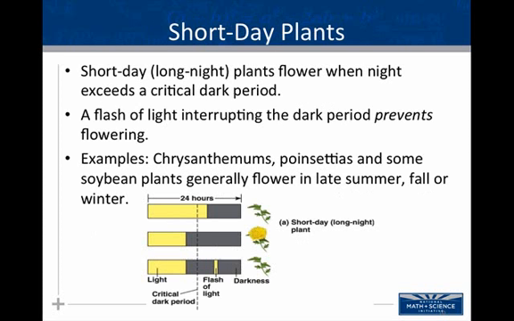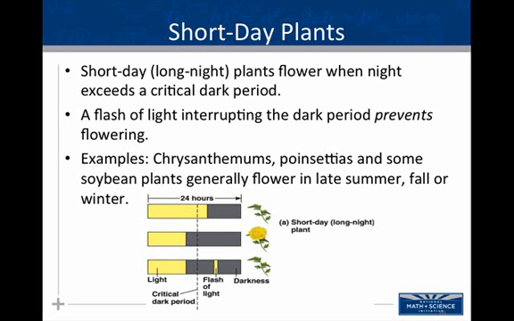Okay, so short day plants flower when the day lengths are less than a critical photoperiod. They cannot flower under long days, or if a pulse of artificial light is shone on the plant for several minutes during the middle of the night, as we see in this figure here. Okay, they require a consolidated period of darkness before floral development can begin.